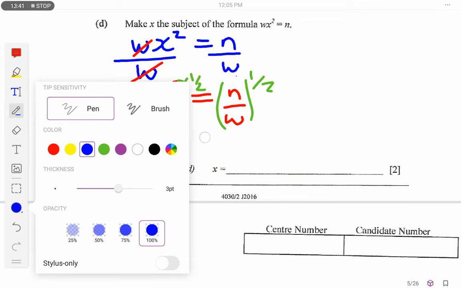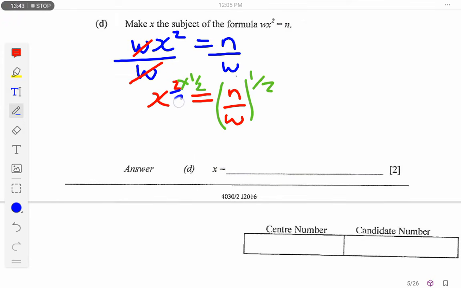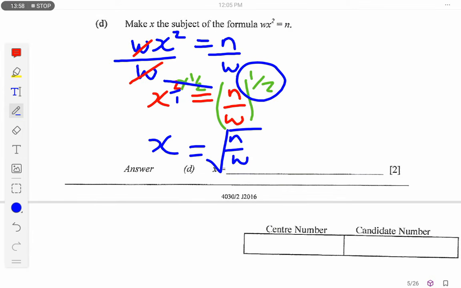The half on this one, and the 2 on this one, which is the same as 2 over 1, cancel off each other and we get our x. Then this half here is the same as square root. So we can say our x is equal to square root of n over w. Even if you leave it as n over w to the power of half, it's the same thing.